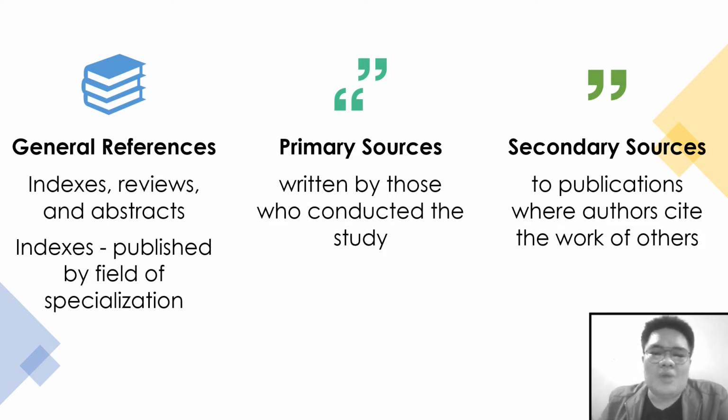So if you will be doing primary source citation, it would appear as open parenthesis, De La Cruz, comma, 2021. But if I'm doing a secondary citation, I would be saying, De La Cruz, open close parenthesis, 2021, as cited in the study of De Los Santos 2022, found out that. Okay, that's a secondary source.